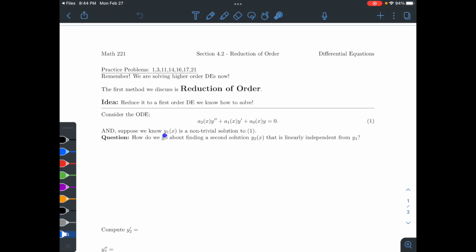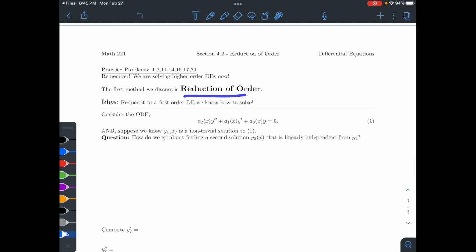Let's assume that we already have one solution. If we do, how can we use that solution to find a second solution that is linearly independent from the first one? The way that we're going to do that is called reduction of order.